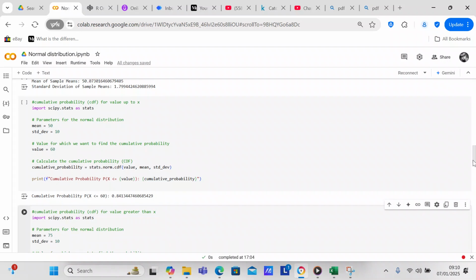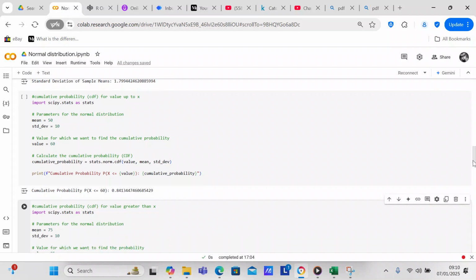So now we're going to talk about cumulative probability for values up to x. We're going to check the probability of something happening. We're going to import scipy.stats as stats because we're going to use the scipy function. Parameters: mean is 50, standard deviation is 10. The value for which we want to find the cumulative probability is 60.